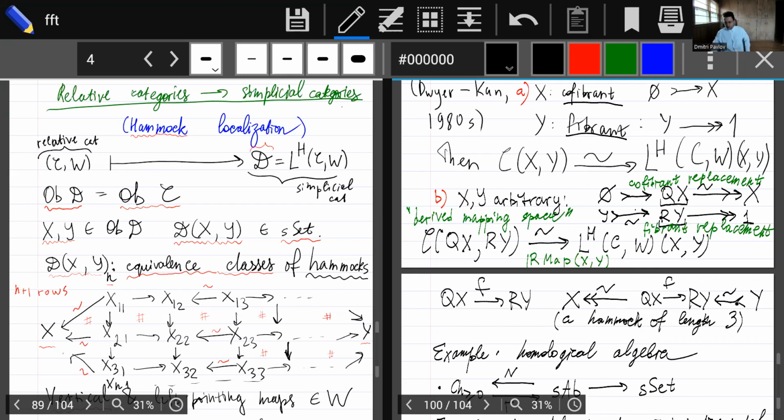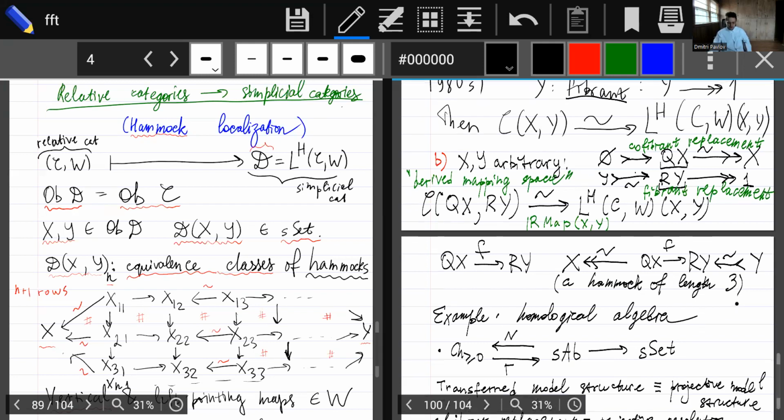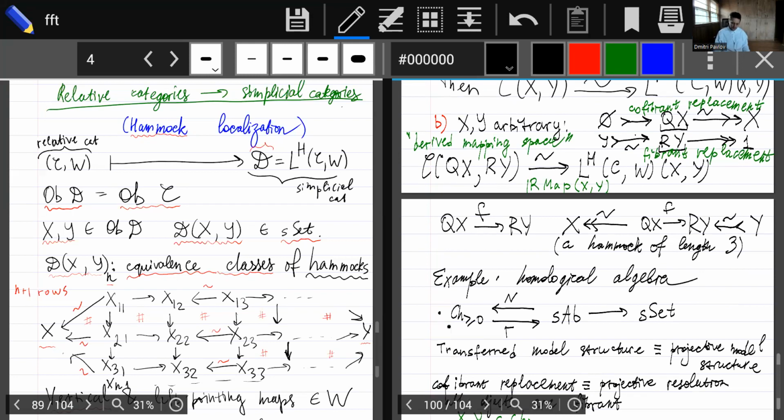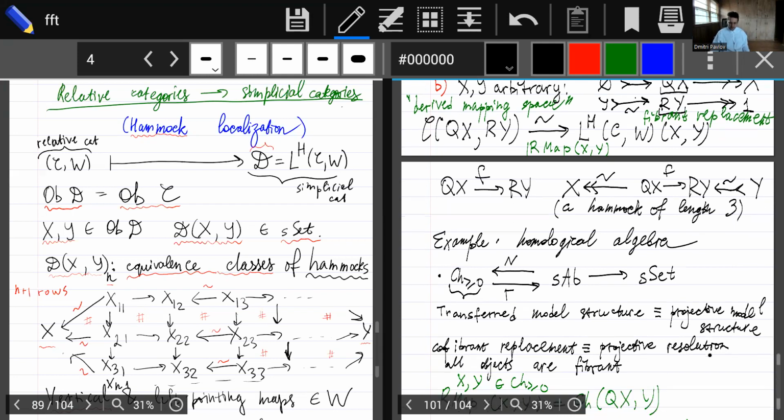And this procedure should remind you of many things in homological algebra. So in homological algebra, you work with the category of chain complexes, and for example, the transferred model structure is called the projective model structure in this case. And as it happens, the cofibrant replacement functor will be just a projective resolution you are familiar with from homological algebra.